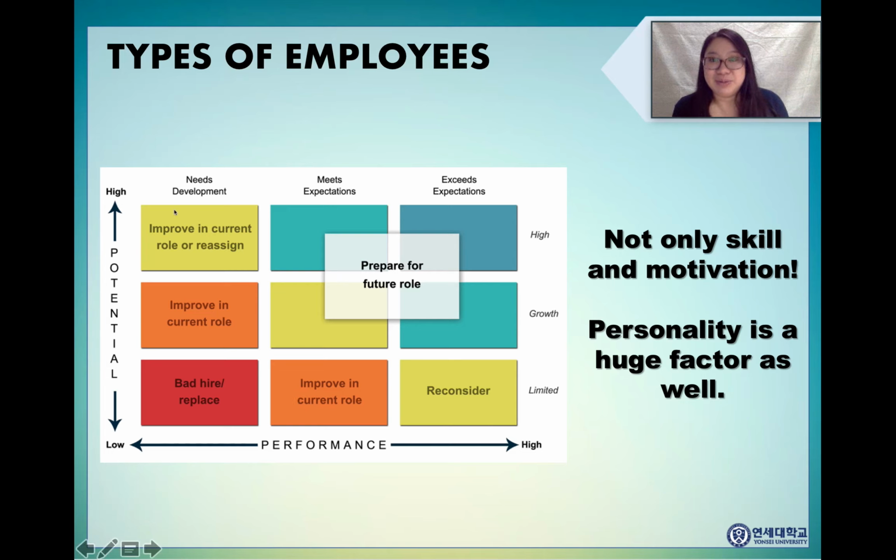Or if they have a really high potential or a really high skill level, but they're just mismatched, then we can try to reassign them or reconsider their role in our team. If they have a really high skill level and a really high potential to grow, then we're going to prepare them for a future role or a promotion.